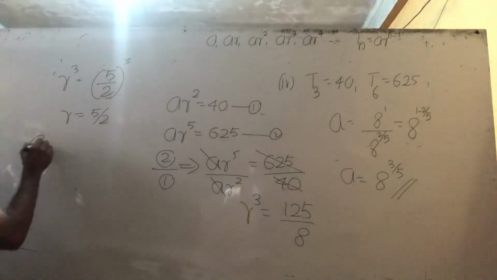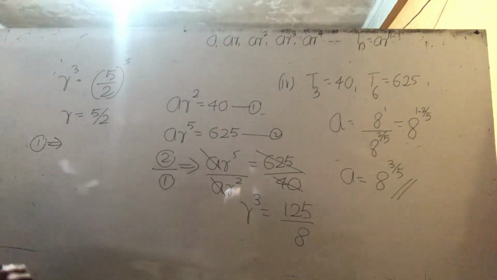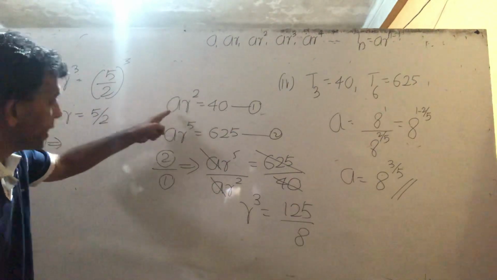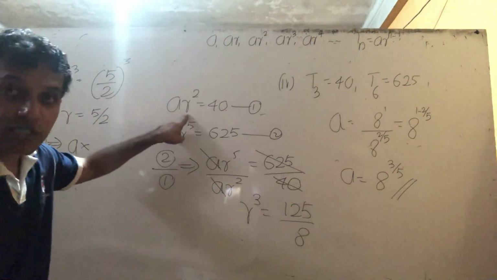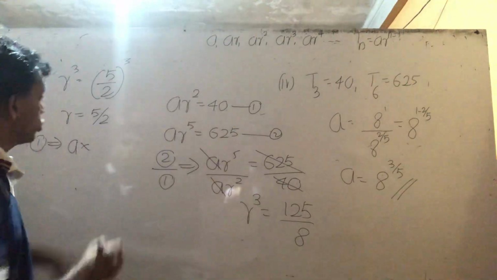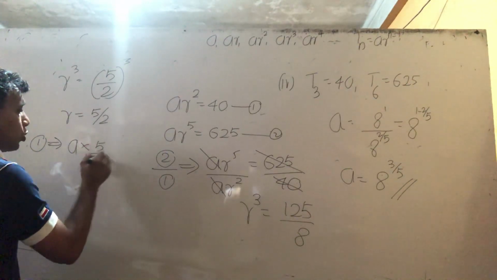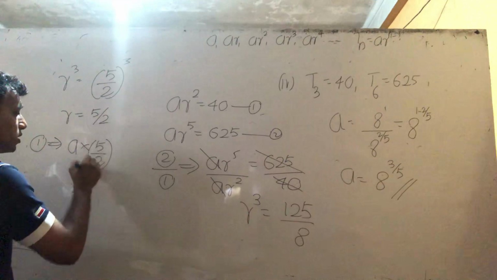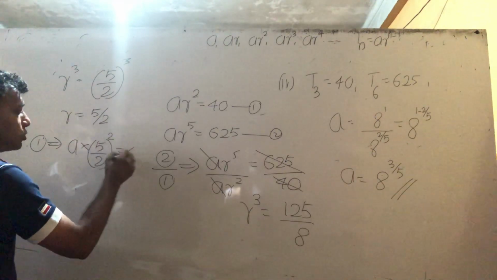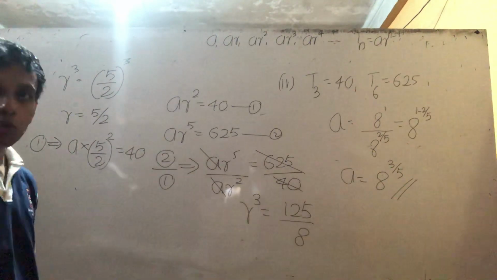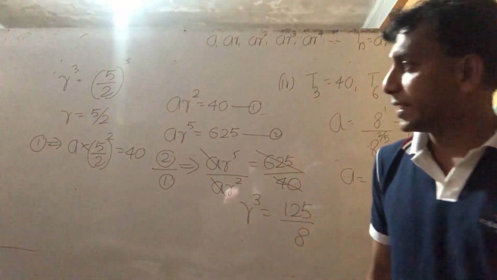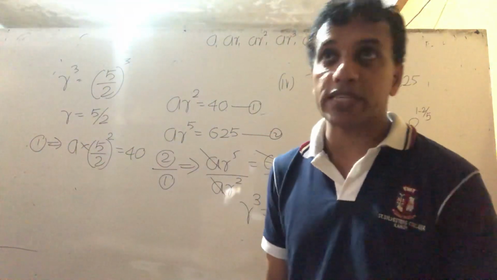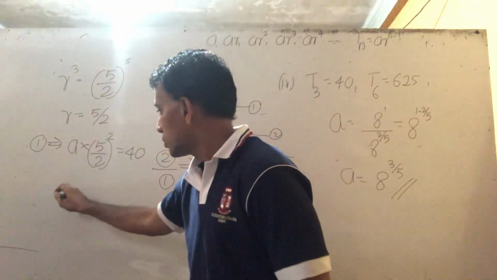In the first equation I substitute: A multiplied by R squared, where R is 5 over 2. So A times (5 over 2) squared equals 40. Now simplify to get the answer for A, the first term.